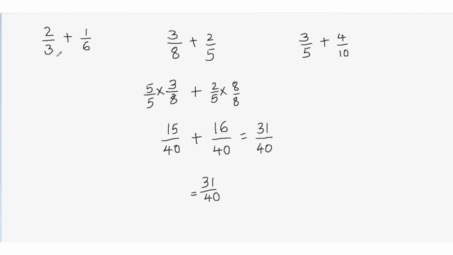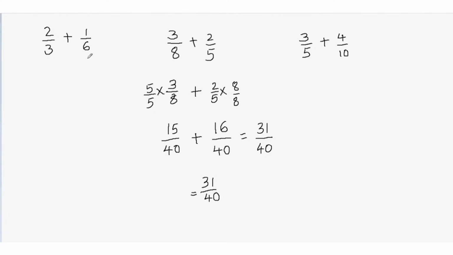But here, since 6 is a multiple of 3, we will not be multiplying both the fractions. We can only multiply one fraction and make the denominator equal, and I'll show you how to do that. So here, 2/3 plus 1/6. Now, 6 is a multiple of 3. I can't really do anything to 6 to make it equal to 3.